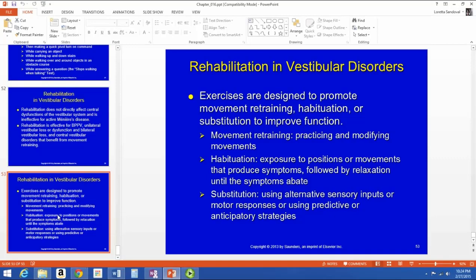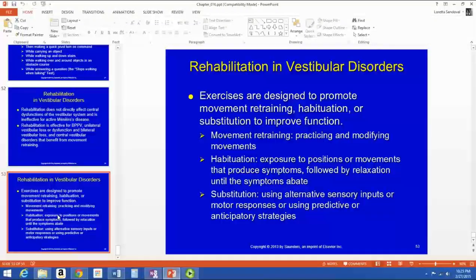So movement retraining is where you practice and modify movements. Makes sense, right? Habituation is where you expose your patient to positions or movements that produce symptoms, followed by relaxation until the symptoms abate. So, for example, one of the ones that you do for BPPV, the one I was talking about where you're lying on your side and you turn your head and sit up really fast, then you sit and rest and relax until the symptoms subside, which is usually in 2 minutes or less.